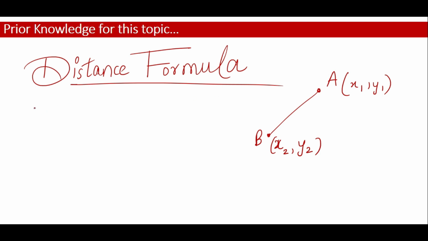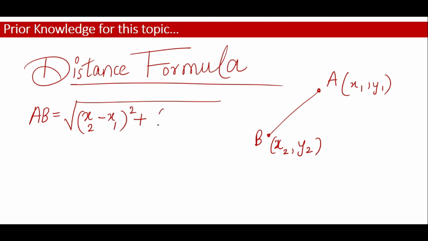So the distance formula, the length of the line segment AB, can be given by the square root of x2 minus x1 the whole square plus y2 minus y1 the whole square. Now there is no harm in taking x1 minus x2 the whole square or y1 minus y2 the whole square, because the difference is getting squared, so there wouldn't be an issue with the signs.